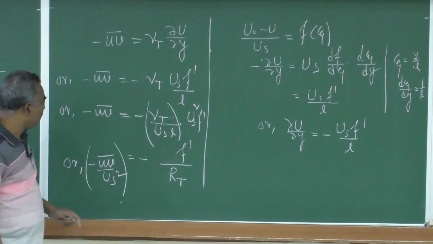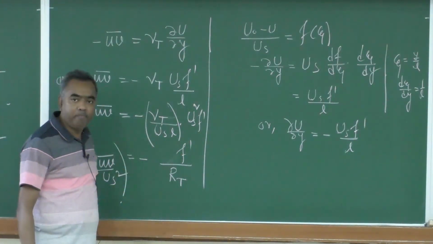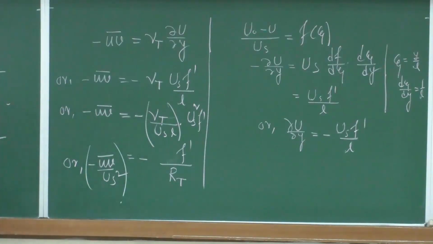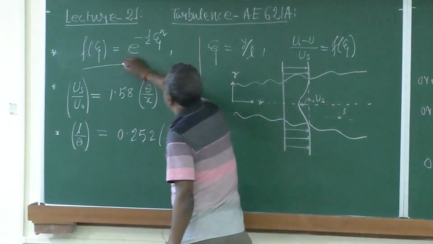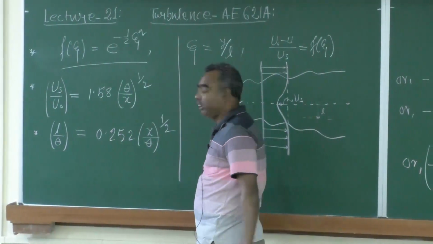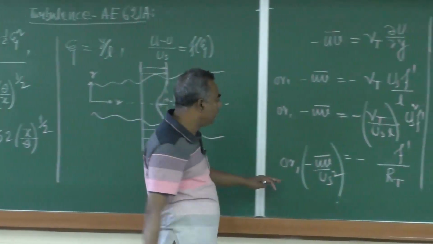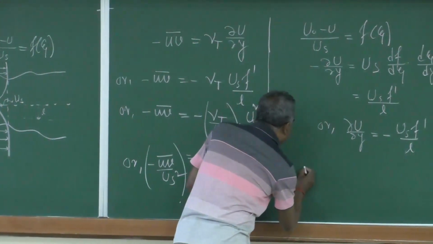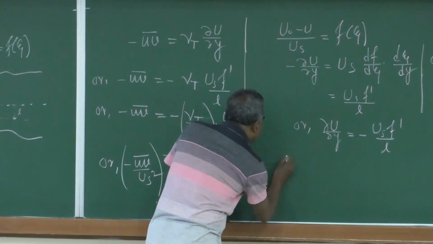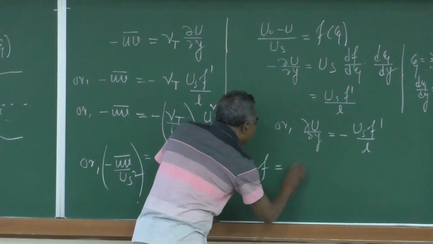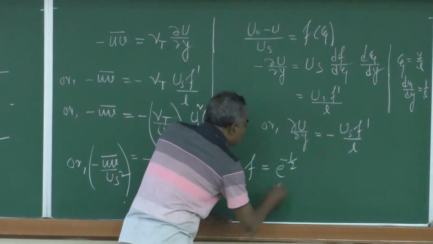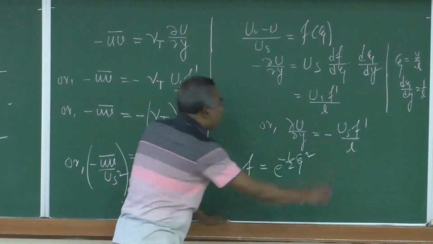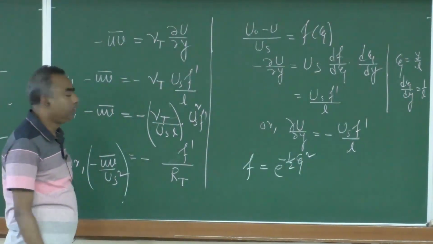Now, we can find f prime from this particular equation and plug it here. So what is our f prime? See, f is equal to exponential of minus half xi square.